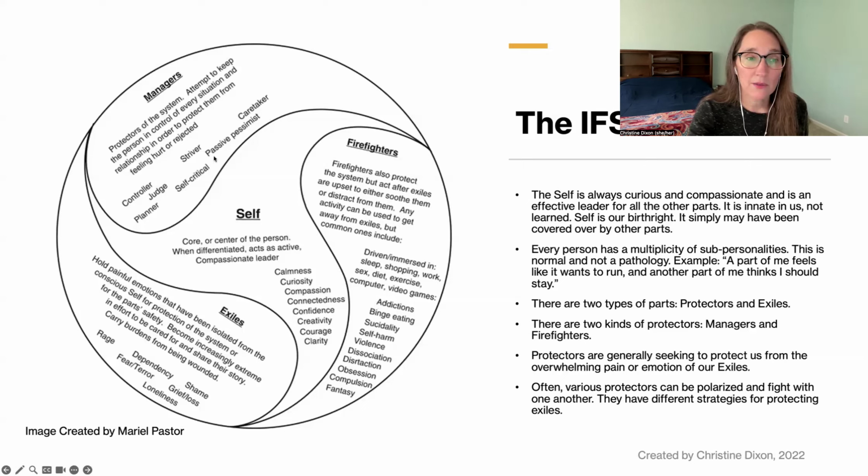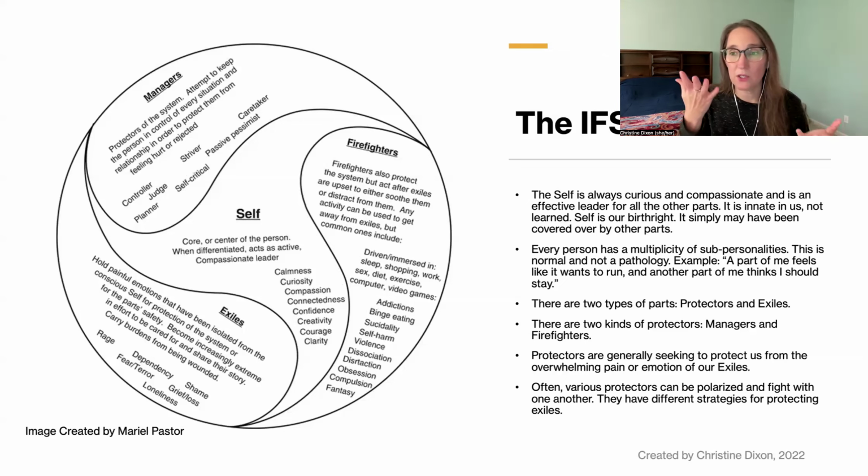Or maybe a self-restricting part and a binge eating part, right? They will be polarized. Or maybe a striver or taskmaster type part and a procrastinator part will be polarized, right? And so a polarization is a burdened system's way of trying to achieve balance.